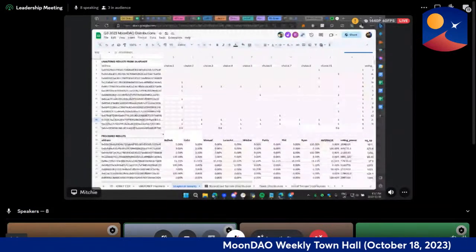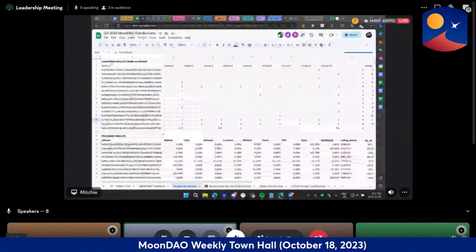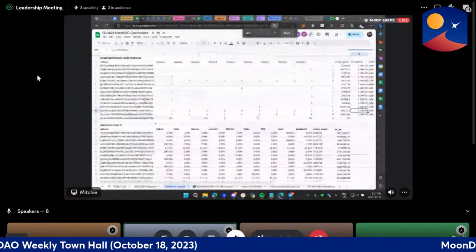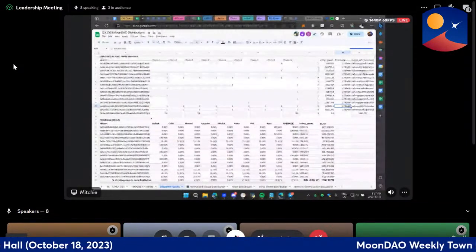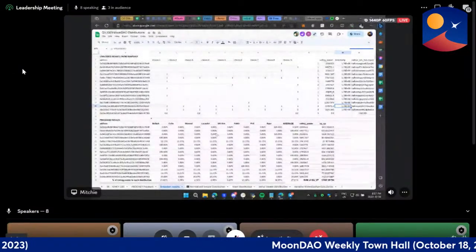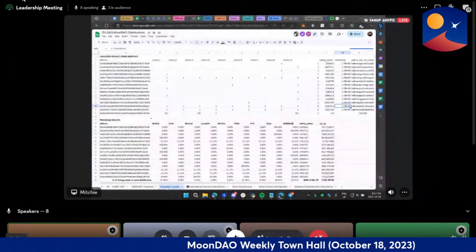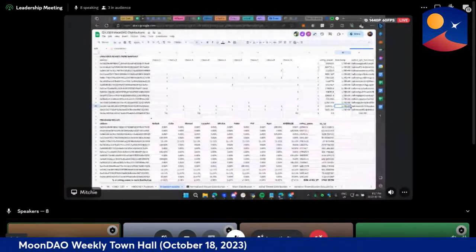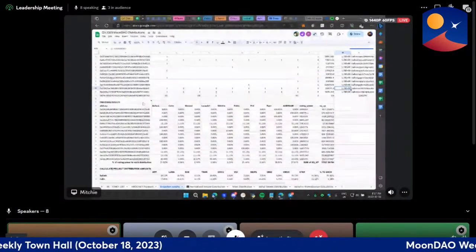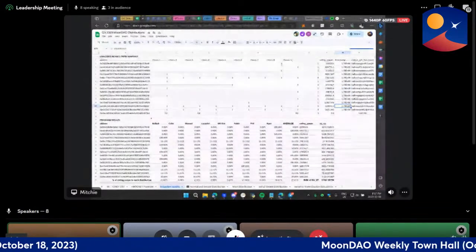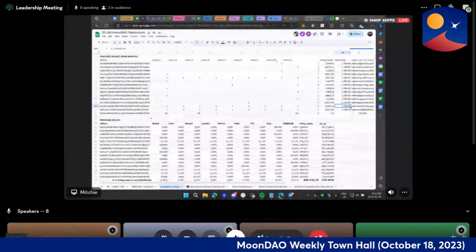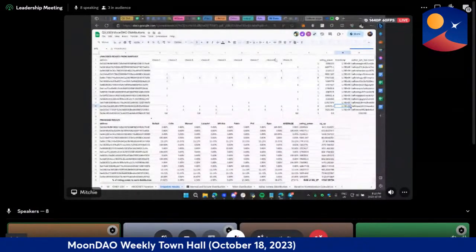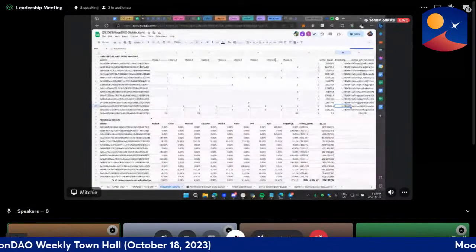The link is also in the chat if you want to follow along. Anyway, in the snapshot results tab, that's where we have the actual results from Snapshot. Full disclaimer: when I put this up on Snapshot, we did a copy of the last round just to make sure that the formatting and everything stayed the same, and I didn't remove two of the options.